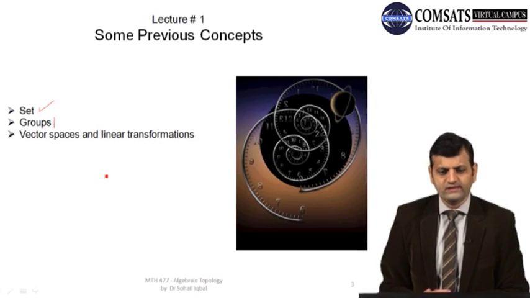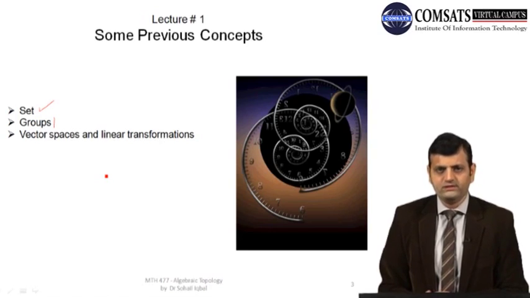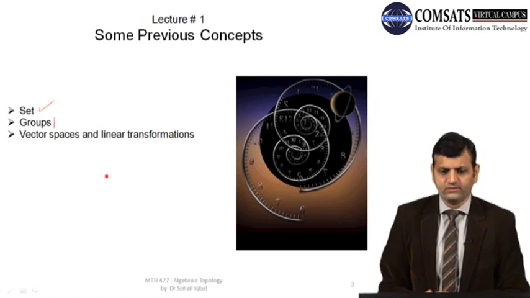So till our last lecture we have been using the idea of groups, because when we are studying algebraic topology, we are associating topological structures with some algebraic structures, and those algebraic structures are most of the time groups. That's why we discussed groups in lecture number 1 in a detailed way.